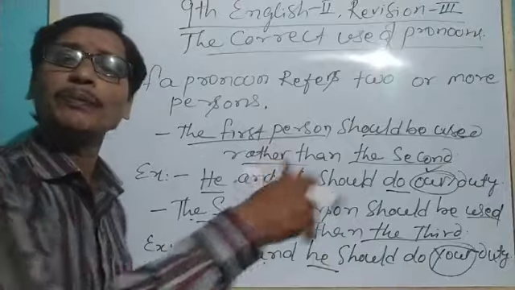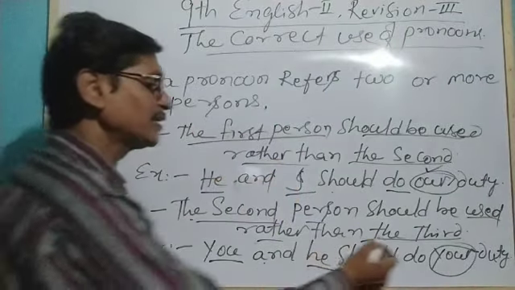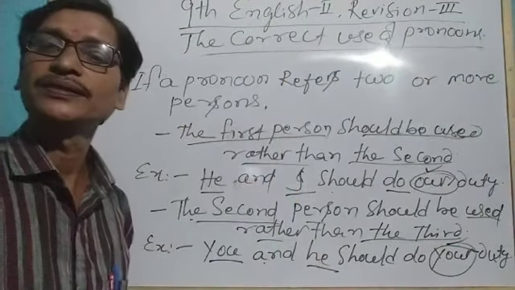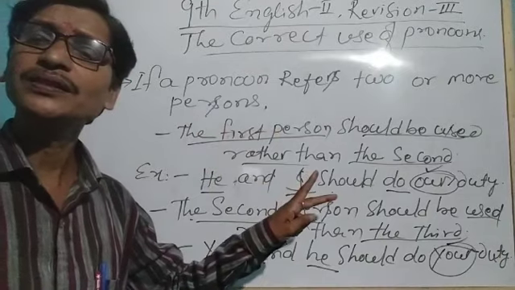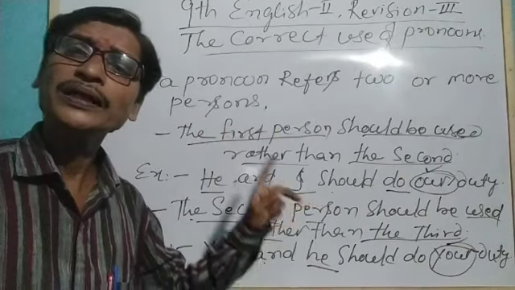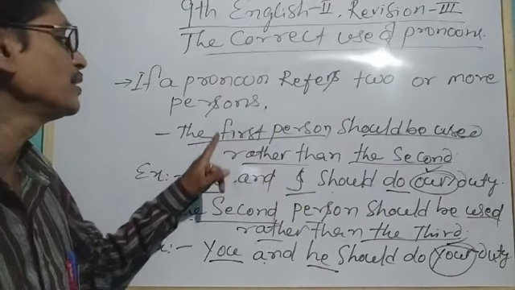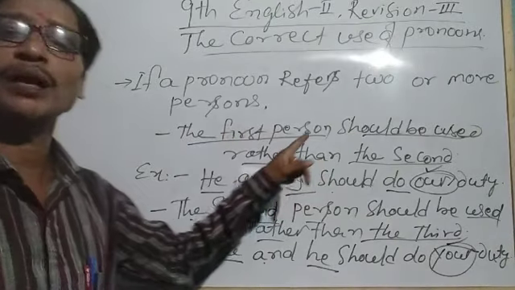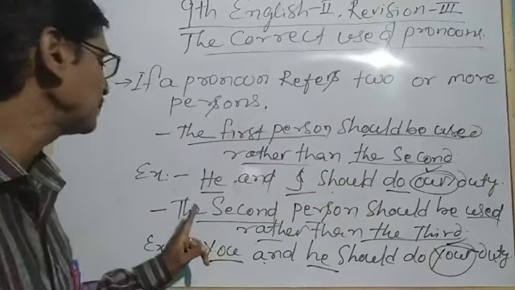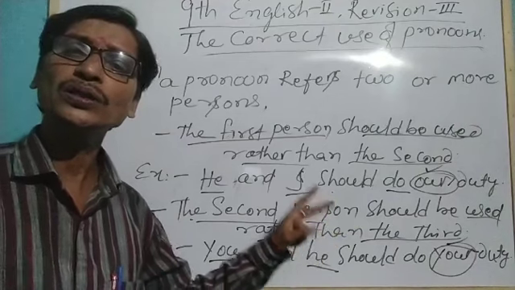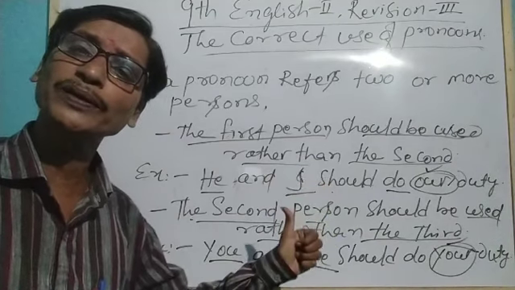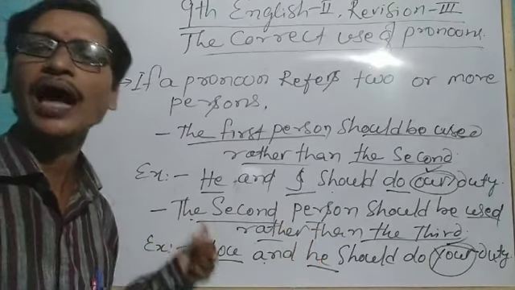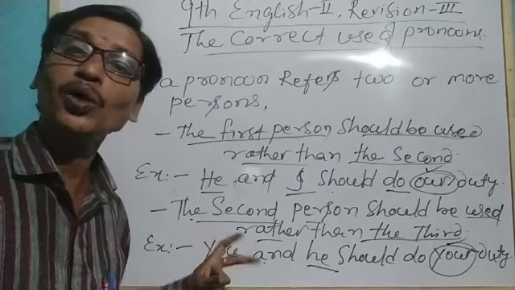So the pronoun of the second person is your duty. So when two persons are referred by a pronoun, it should be the first person instead of the second person. Similarly, if second and third person is used, the pronoun should refer to the second person, not to the third person. Don't be confused.